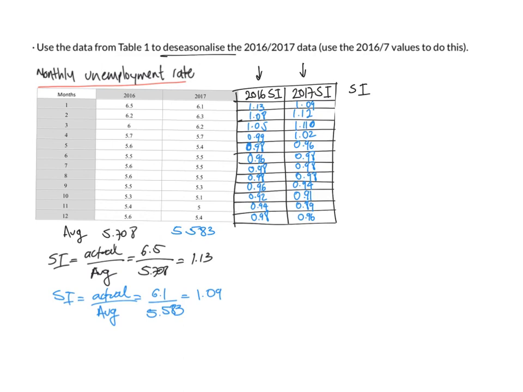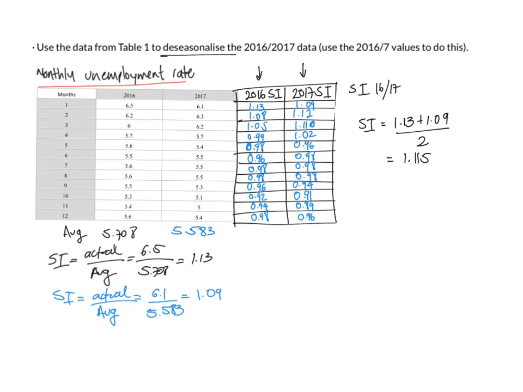For the first month, it will be 1.138 plus 1.09 divided by 2, which gives me an answer of 1.115.